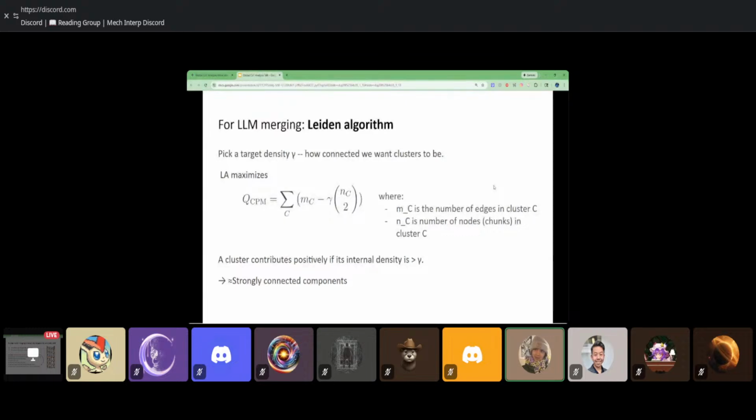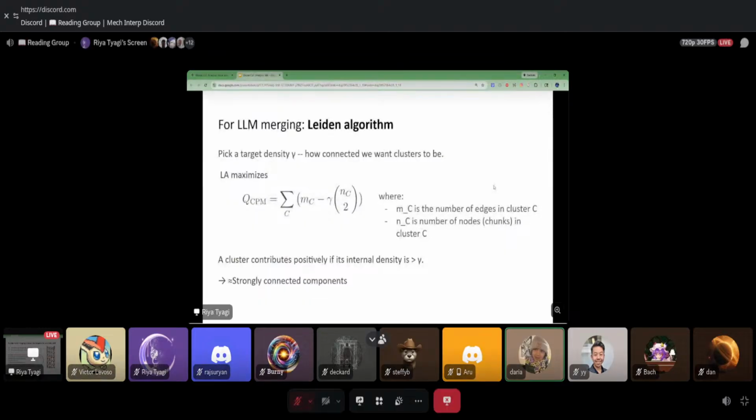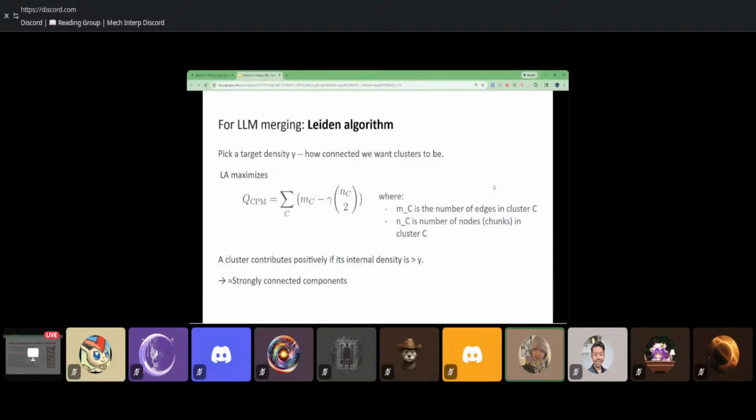That's how we get our first step with sentence embeddings done. The LLM refinement step with 4.0 Mini is a little different, because here we get binary labels for edges: should these two clusters be merged or not? This is the LLM's judgment, yes or no. It's no longer a number between 0 and 1. For this we were using the Leiden algorithm, a graph optimization method.